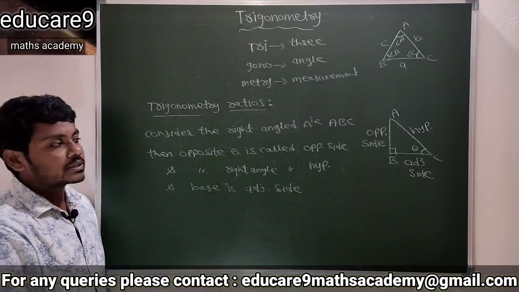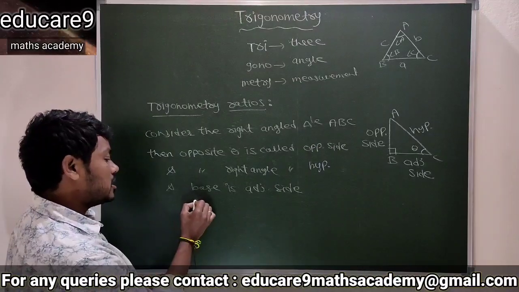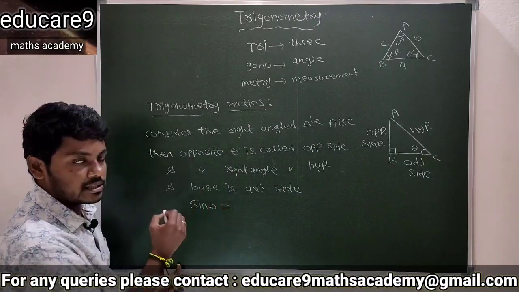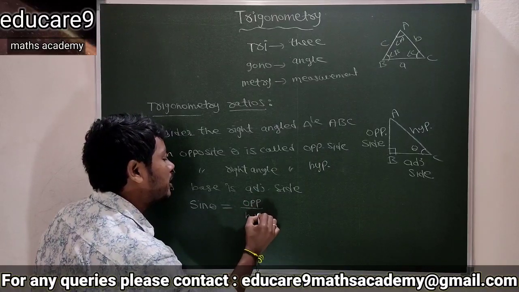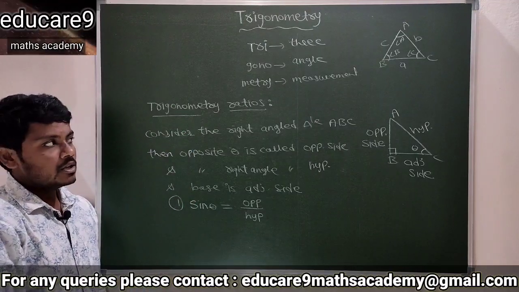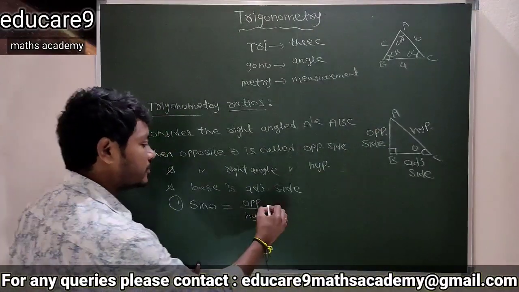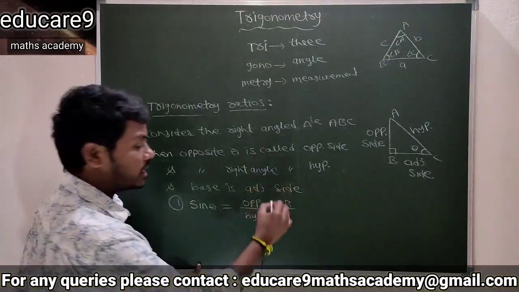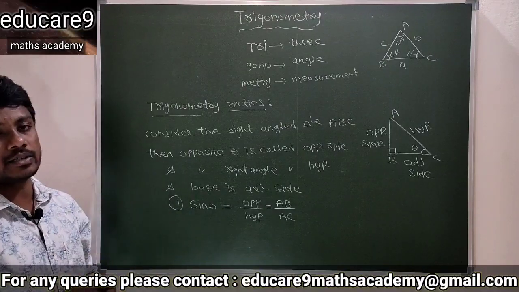Now, sine of the angle theta, simply sin theta, is defined as opposite side by hypotenuse. This is the first trigonometric ratio. But what is the opposite side? That is AB, divided by the hypotenuse. What is that? AC. So this is the sine ratio.